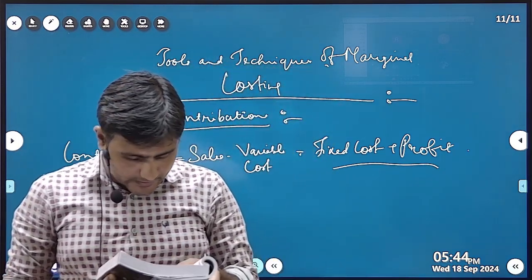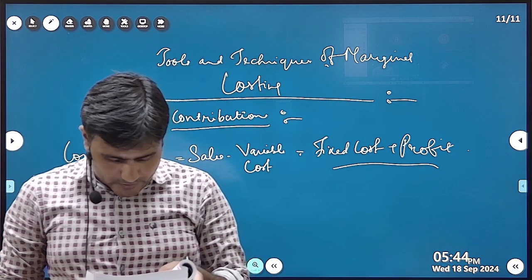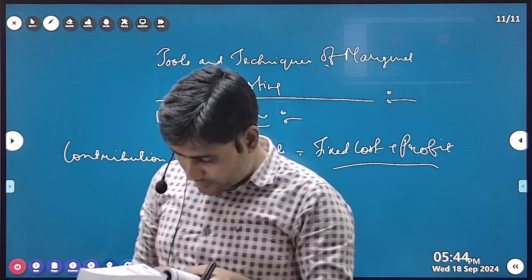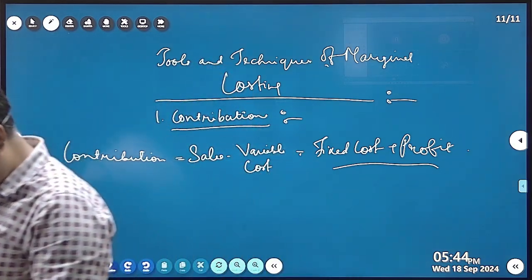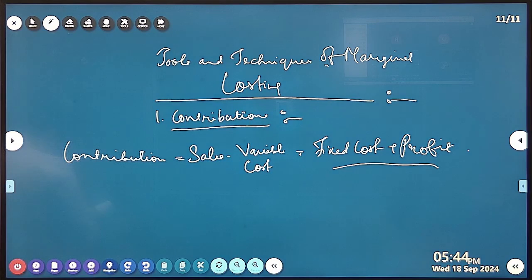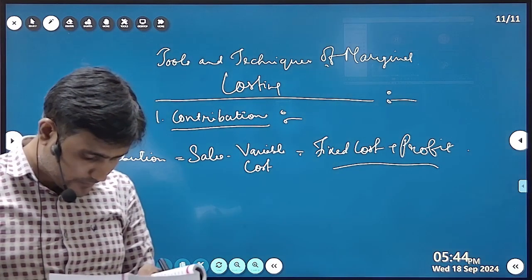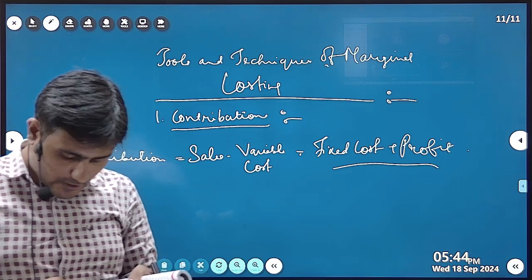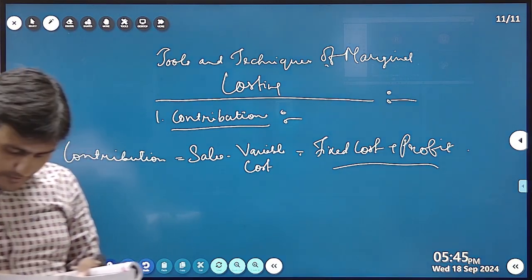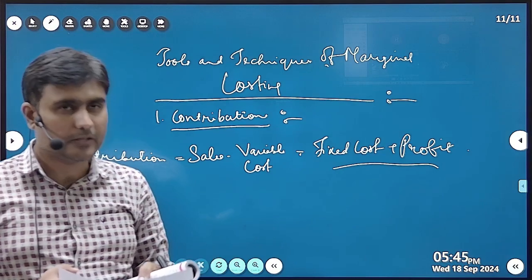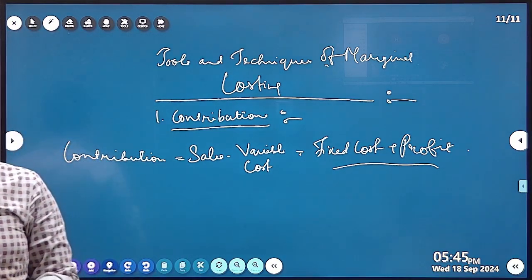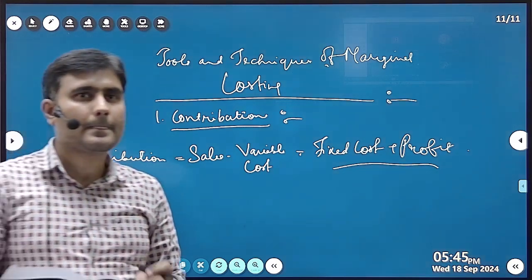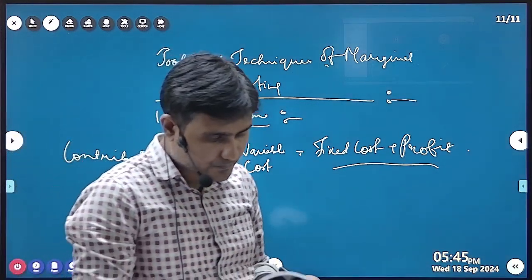However, when there is a limitation on any input factor, the profitability of the product cannot simply be determined by finding out the contribution of the unit, but by ascertaining the contribution per unit of that factor of production which is limited in the given situation. Such a factor of production which is limited is called the key factor or the limiting factor. Right? We have to consider the key factor first and then contribution.